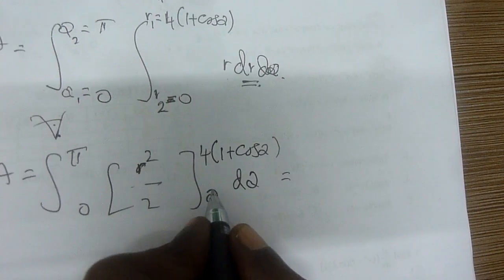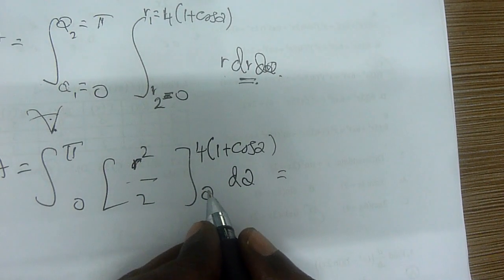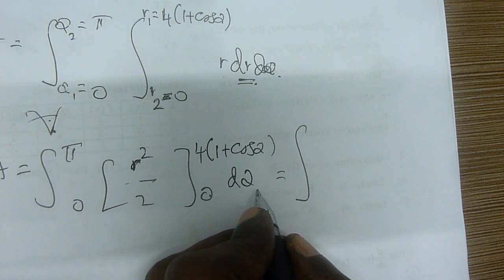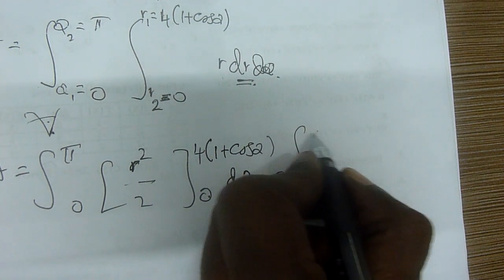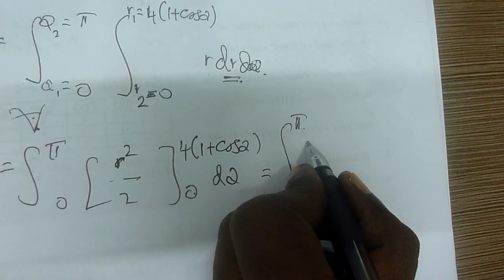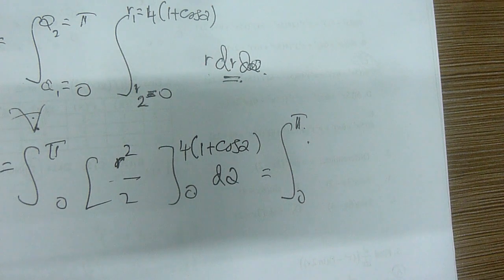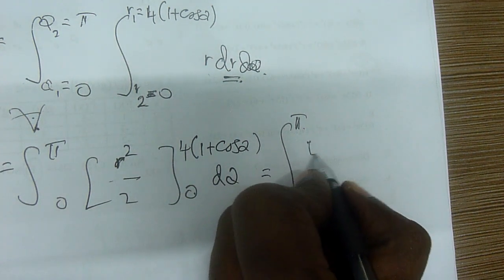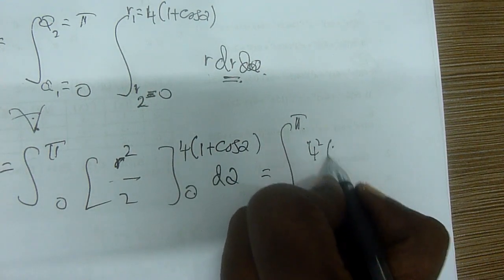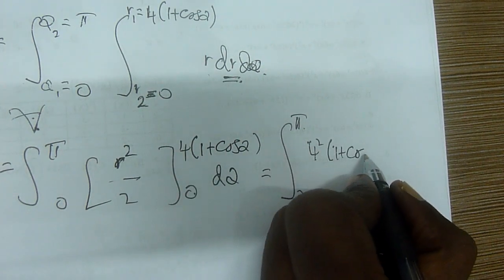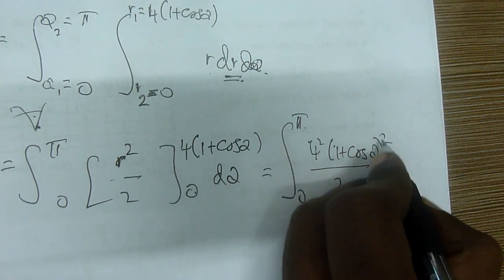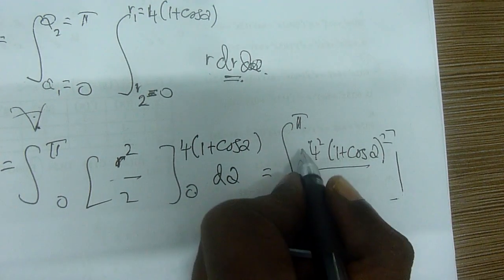Okay, excuse me. I think we need a break if I'm not wrong. After this one, I'll immediately take a break. Okay, this one is 4 squared, because it's 4 squared times (1 plus cos theta) power 2. This is a 2.